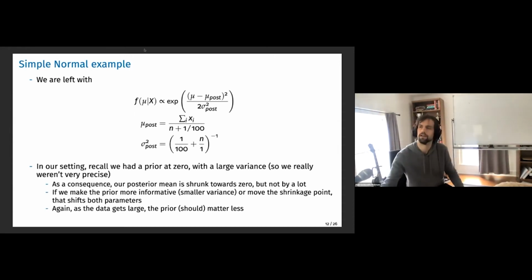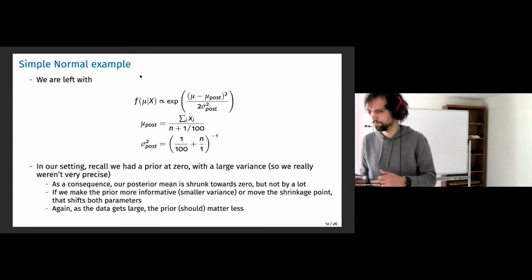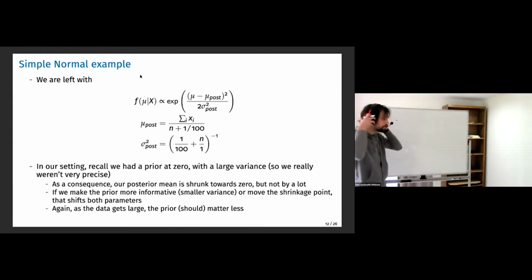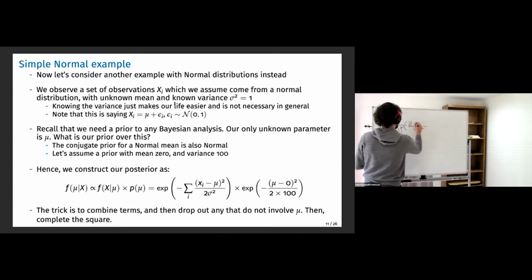So very briefly, how does this work? Let me turn the lights on. Okay, so we have this horrible looking expression from before, where what we had was the exponential, and it was the negative sum over 2 sigma squared of xi minus mu squared.